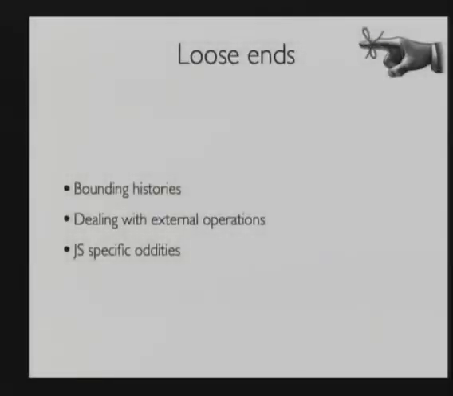So there are a number of loose ends that I should mention. So the first is, when do we start recording a history? What are the bounds? How do we deal with operations, when you're recording a history, that communicate with, say, the file system or something outside of the JavaScript interpreter, and some JavaScript oddity.